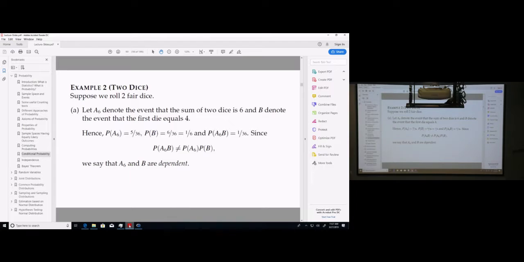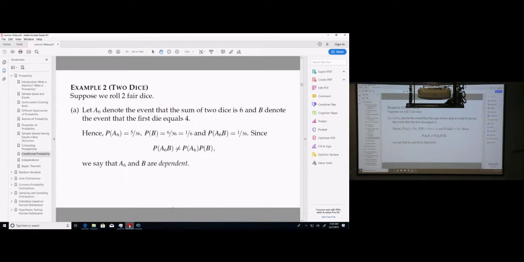To get a sum of 6, you have 1,5, 2,4, 3,3, and then 4,2, and then 5,1. So you have 5 such situations out of 36.